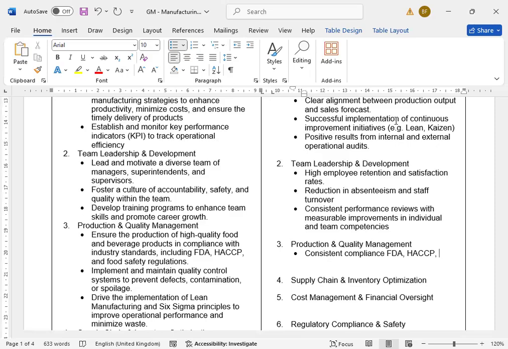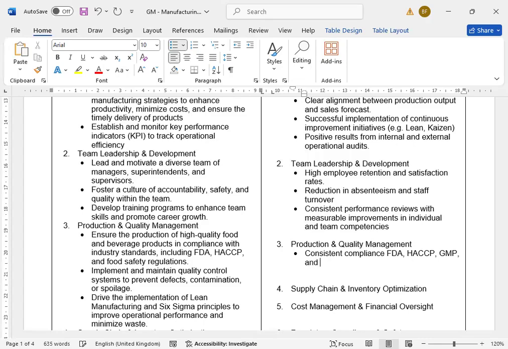GMP, good manufacturing practices. And what else? Other food safety standards. Okay.